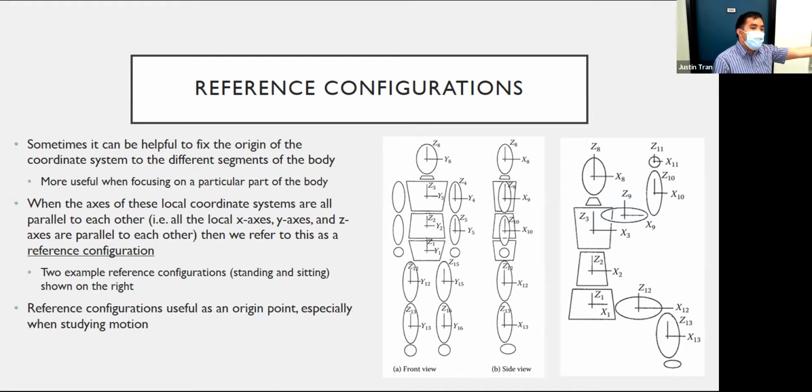If we fix coordinate axes to your upper and lower arm, they change orientation relative to each other as the arm is in motion. It's a confusing concept just because there are a lot of coordinate axes to look at, but we'll be dealing with this a lot more in the second half of the class.